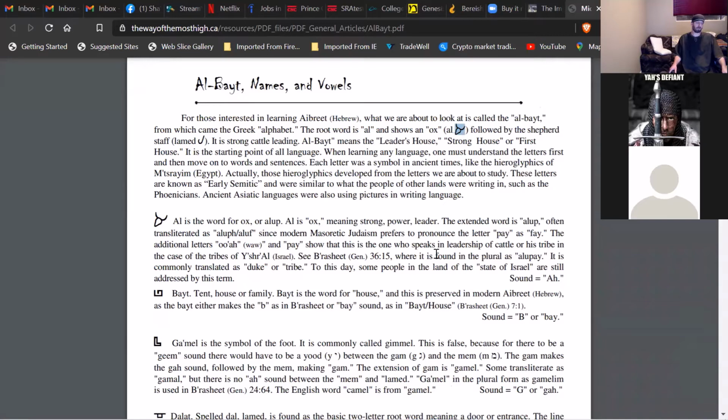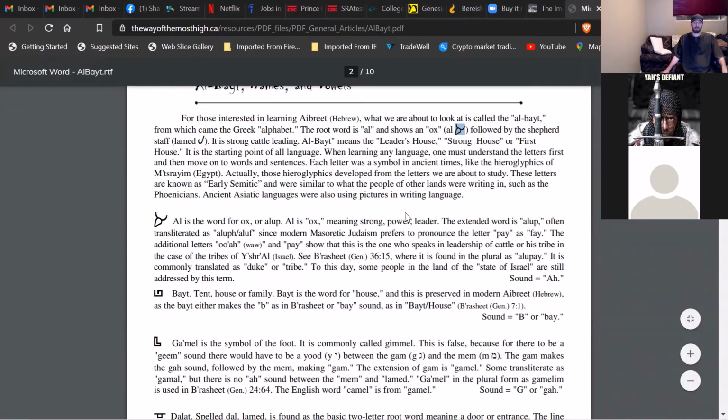Not that they worshipped oxen like Egypt, but it was a symbol of great stature, power, and we're going to see its connection to the usage of the word chiefs. So we'll go to Genesis chapter 36, verse 15 for that.